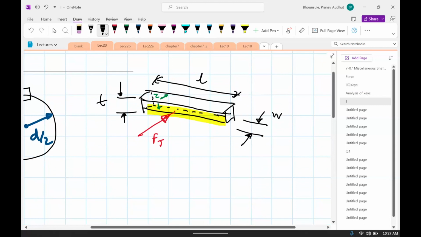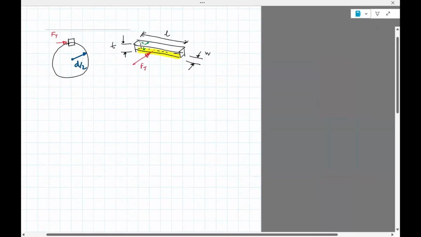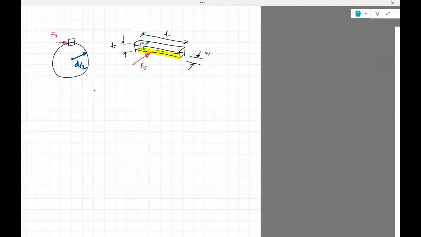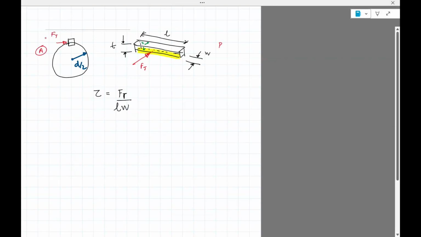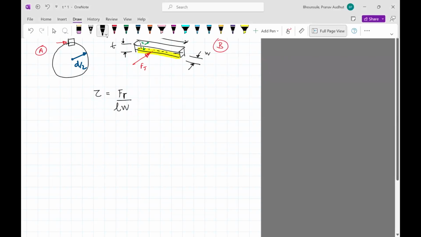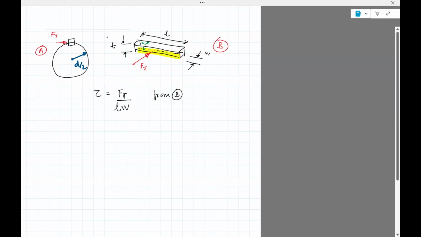So how do we compute that? It's actually a straightforward calculation. First of all, the shear stress is the force divided by the area over which it acts. So the yellow area is the length times width. This is equation A, B, so this comes from B. But from A, we can also compute a relation with torque.